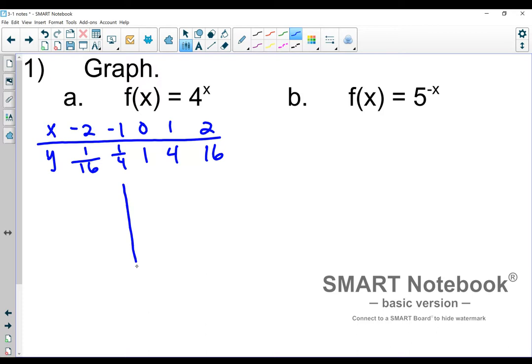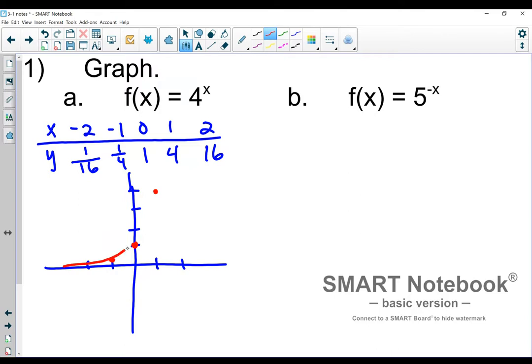So let's go through and graph that. I need to have maybe 1 and 2 on here. When I have 0, there's 1. 1 is 4. -1 is 1/4 already.